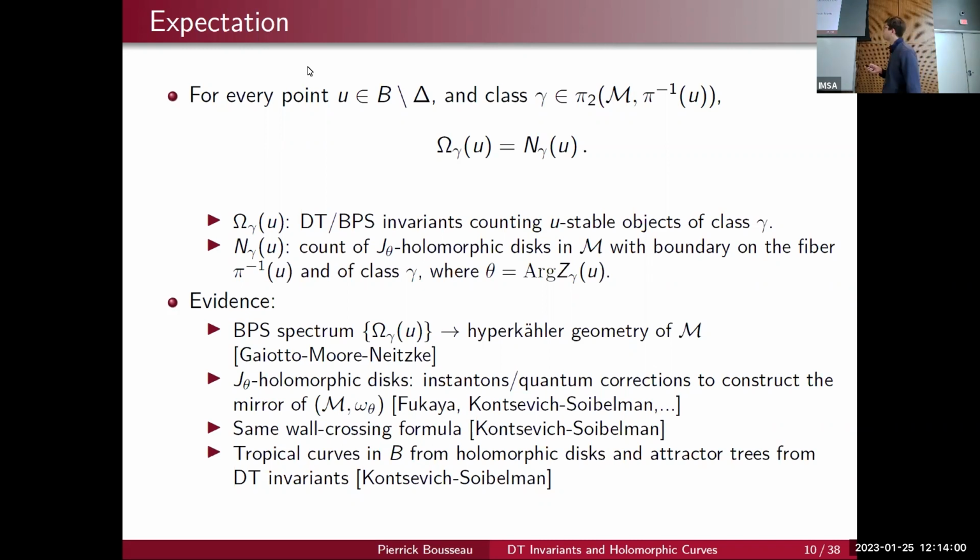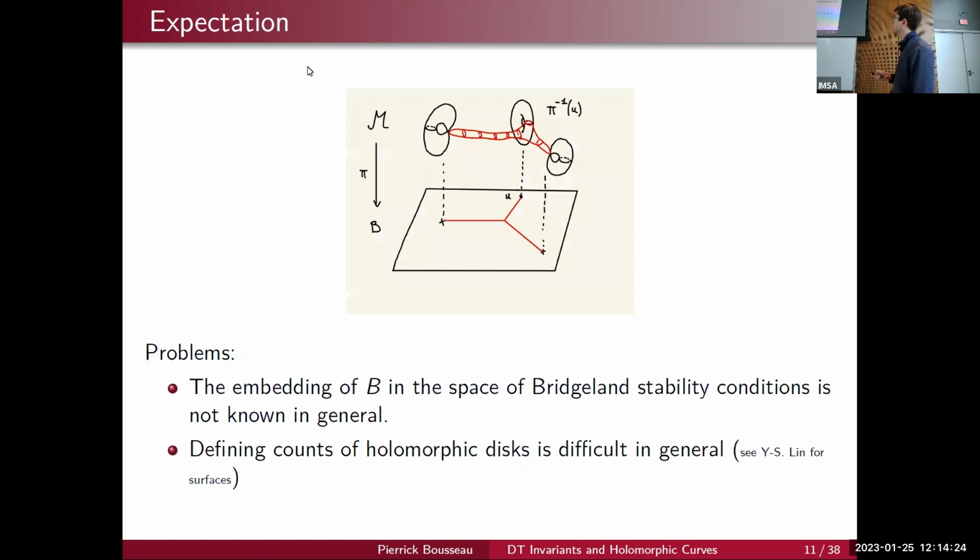Even more precisely, Kontsevich and Soibelman explained that you might expect some kind of third intermediate object between these two things. You might expect going from holomorphic curves to tropical curves in the base of this torus fibration. And then these tropical curves in the base of the torus fibration should have some interpretation on the DT side in terms of so-called attractor trees.